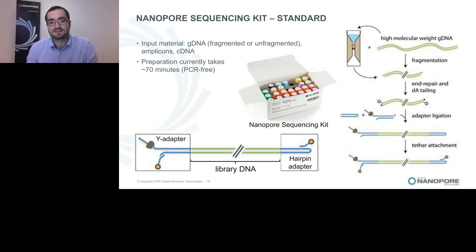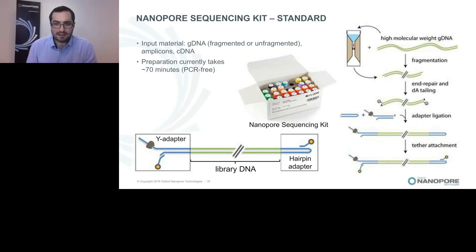So if you have fragments that are, say, 50 kb in length, this is the sort of size range where pipetting up and down could possibly shear them. So if you get shearing during the library prep, then it means that you won't have adapters on both ends of your DNA, which will mean that you'll get reduced 2D yields. So if you're happy with under 10 kb reads, then we'd recommend shearing.